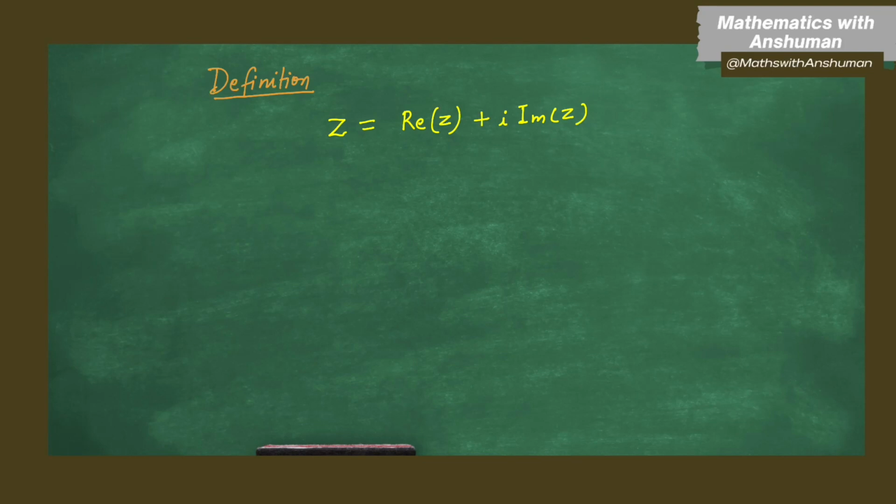This very form, z is equal to real part of z plus iota multiplied by imaginary part of z, is the algebraic form of complex number. Or we can say the algebraic representation of a complex number. Algebraic representation of a complex number has other names, such as the standard representation of a complex number or the rectangular representation of a complex number.